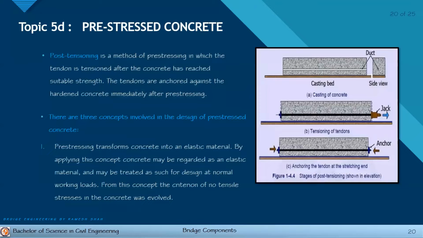So first, binubuhusan yung ating bed. Yung mga duct, yan yung siyang tinatawag natin ng mga tendons. Tapos, kinakas natin yung ating concrete. Concrete na naman ang ating ilalagay. The next is tensioning of tendons. So, nauuna yung mga process of casting, ganyan.